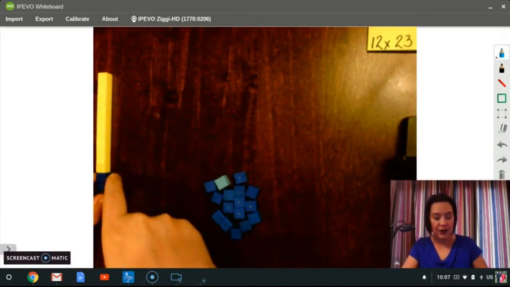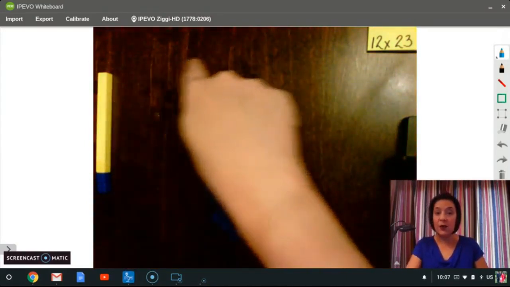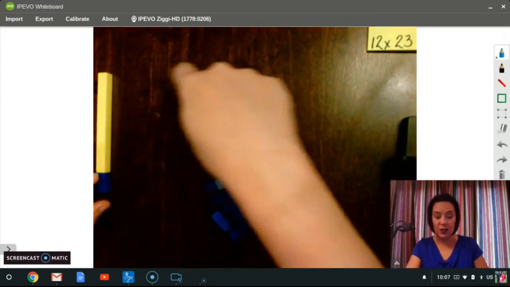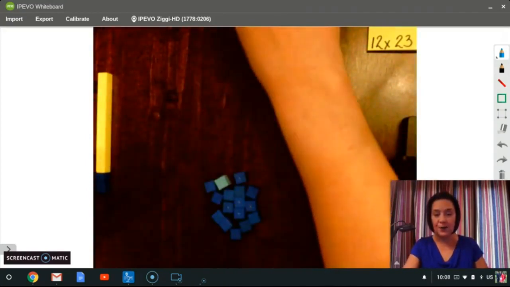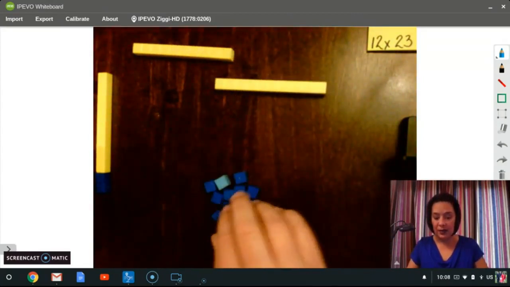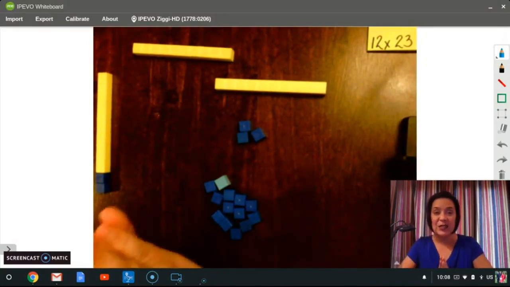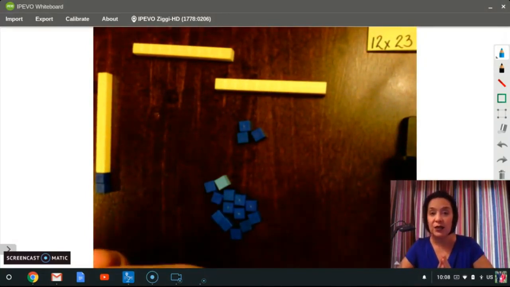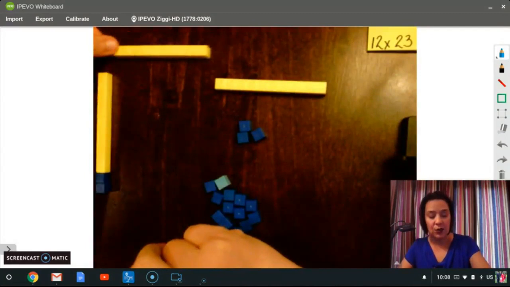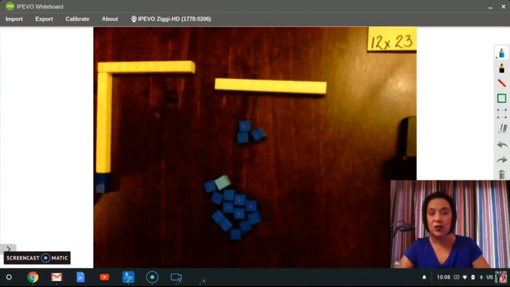I am now going to build 23. And I'm going to start building out my frame. So I'm going to do that across the top. I know that 23, I'm going to need 2 rods and 3 units. Now right here, this is the first place you're going to want to pre-correct students, because by nature, students are going to want to line this up and make your corners flush.